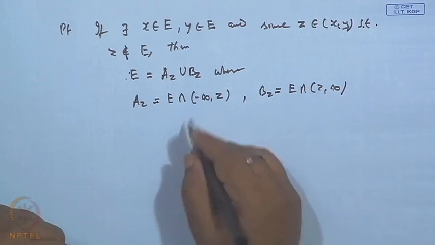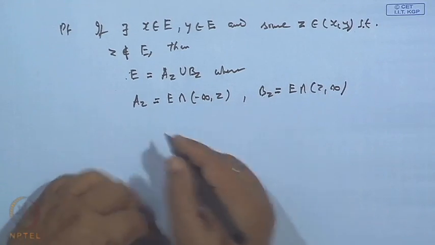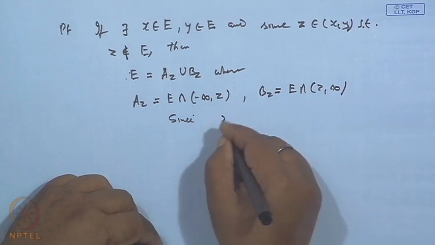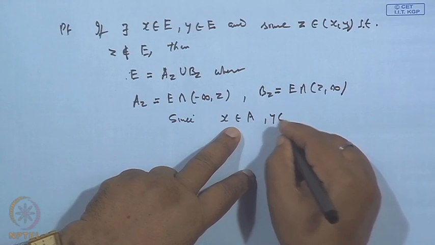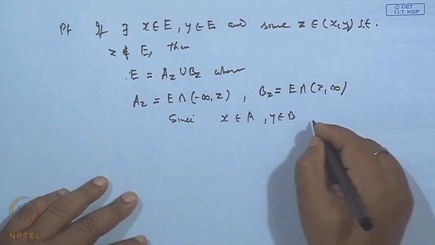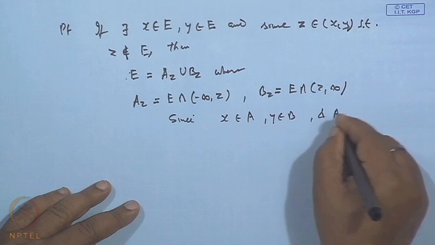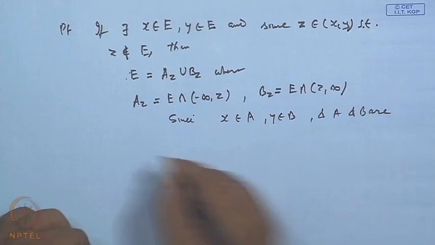So, x belongs to A z because it is in E, and y belongs to B z, and A and B are non-empty.